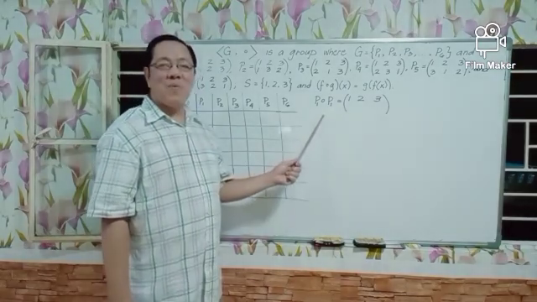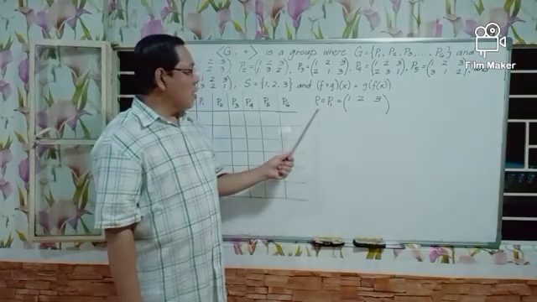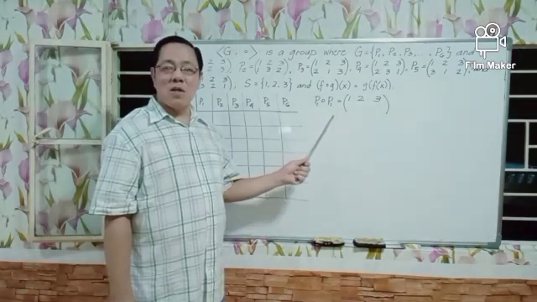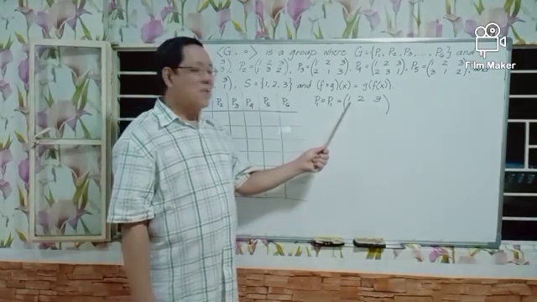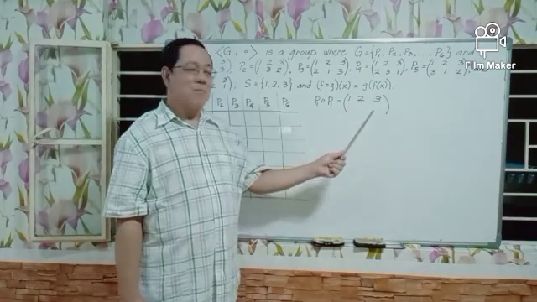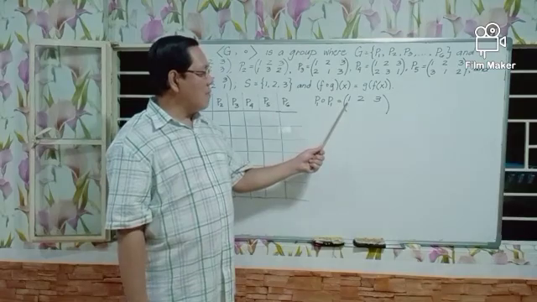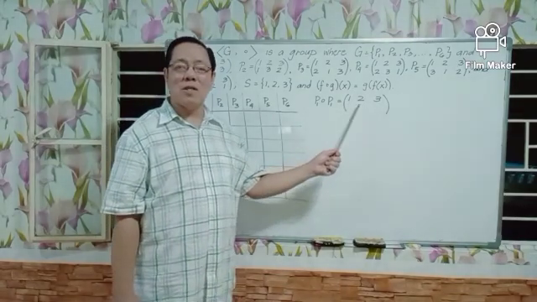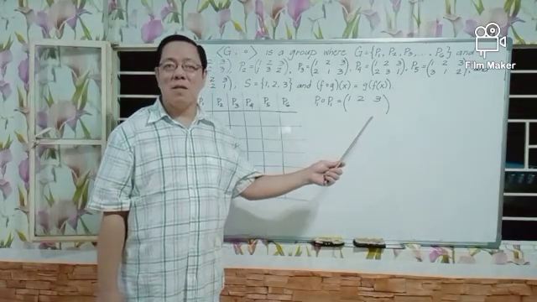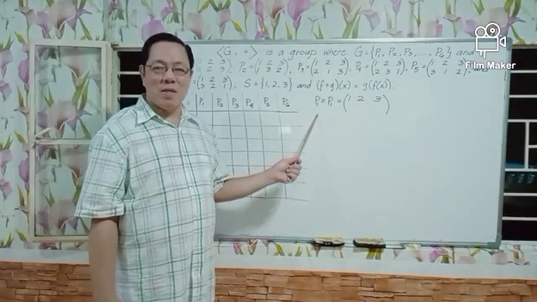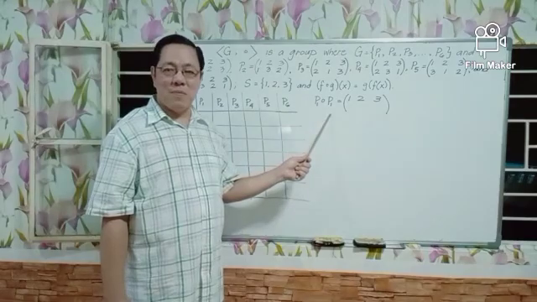So even before we find the composition, we expect that P1 circle P1 is a function from set S with elements 1, 2, 3, except that we do not know yet the images of these elements of set S under the composition of P1 with itself.